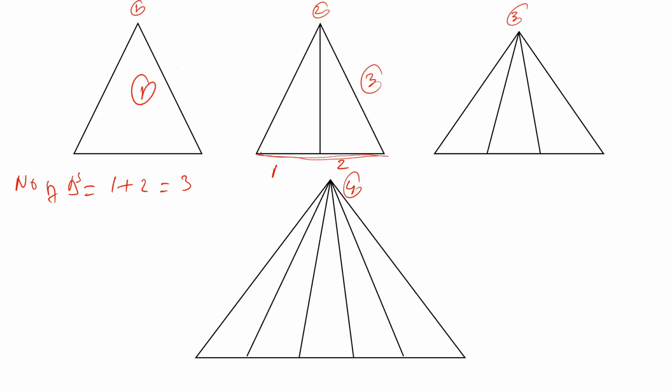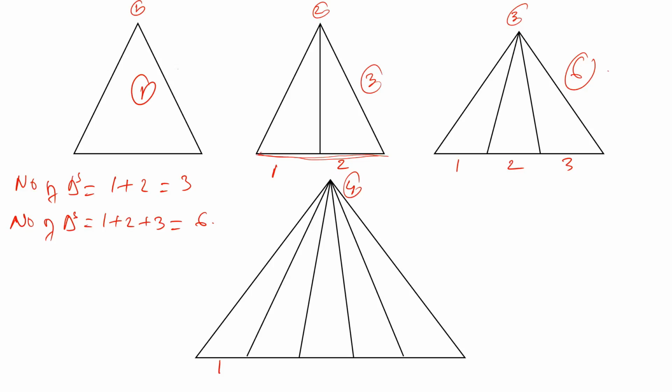Come to figure number 3. Same, we have to count the bases: 1, 2, 3. So the number of triangles is equal to 1 plus 2 plus 3, which is equal to 6. So in figure number 3, there are 6 triangles. Now come to figure number 4. Here also we do the same thing.